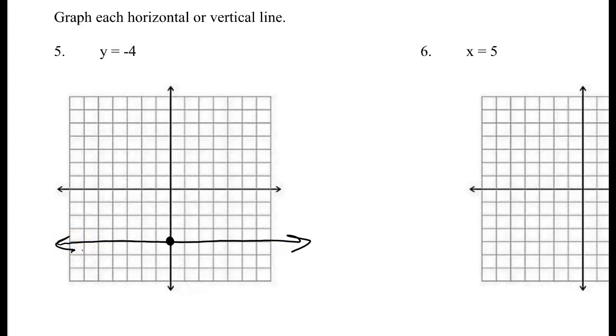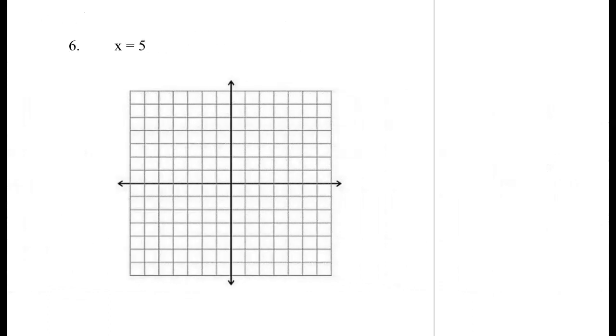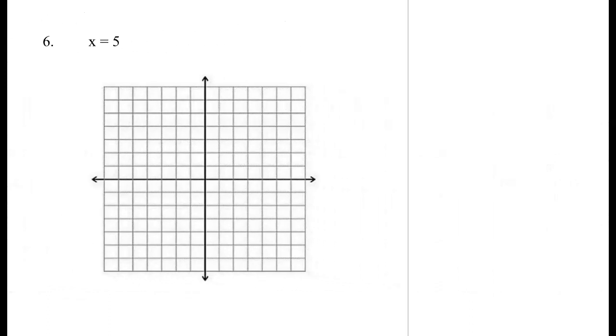Next, if I have x equals 5, go to the x-axis, find +5, and make your line cut through the x-axis only in that specific place. That means it will be a vertical line with an undefined slope. And that's how you graph horizontal and vertical lines.